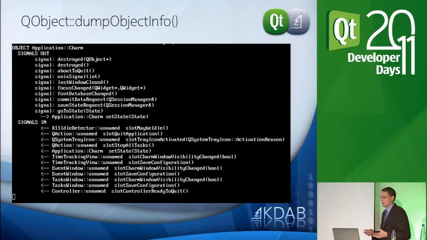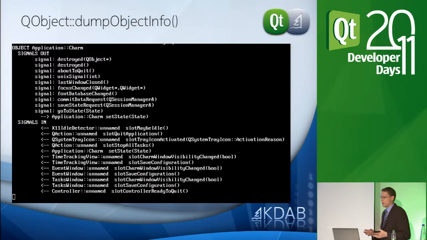So you can check which of your signals are connected to where and which inbound signals are connected to your slots. So if you're debugging a slot that's not called, you can verify that it's actually connected in this instance. Especially useful when you combine that with a debugger and call it at runtime. We'll see that in a bit.